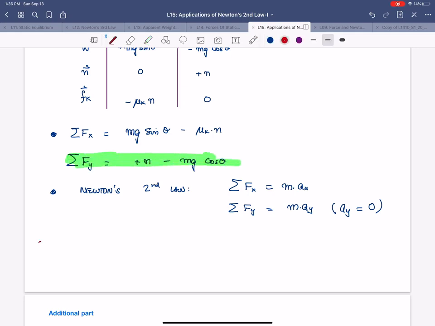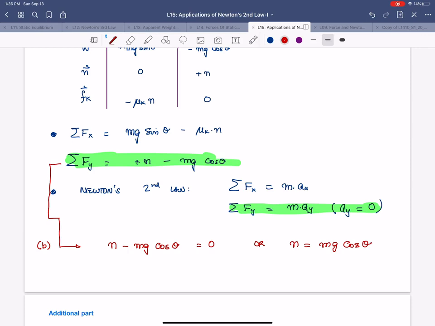And this is to answer part B. We have n minus mg cosine theta, again to remind you, I'm combining these two equations, is equal to 0, or n equals mg cosine theta.